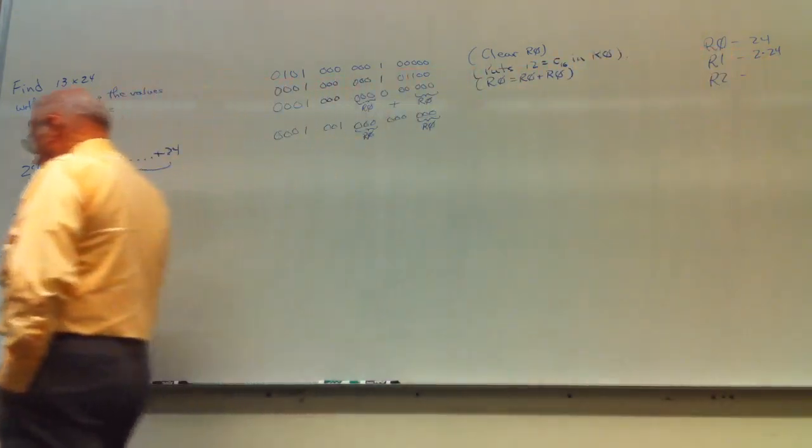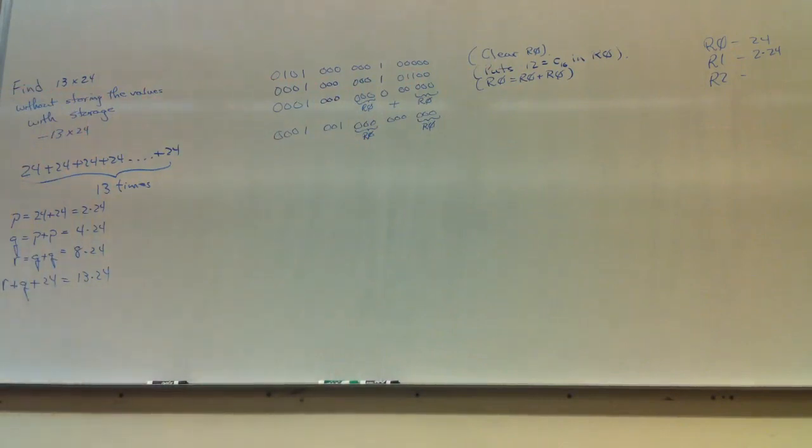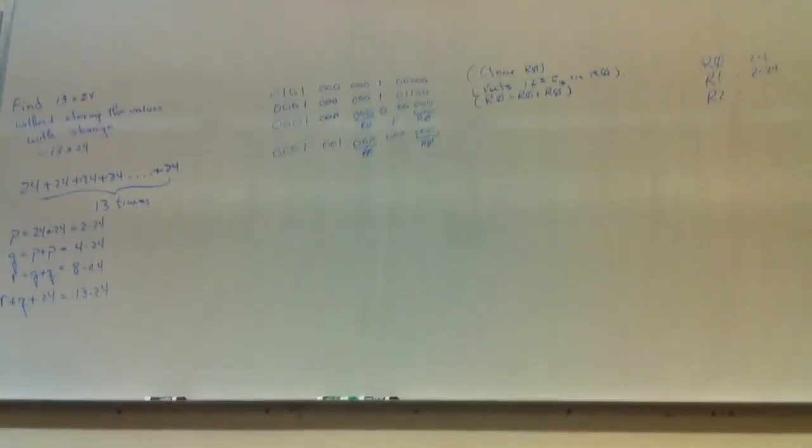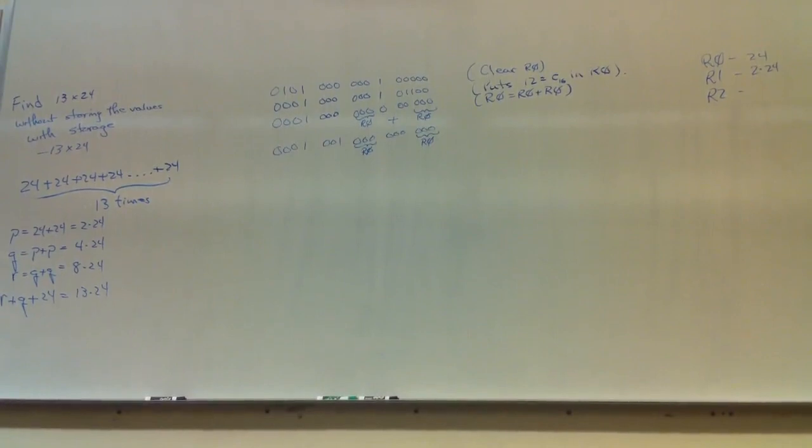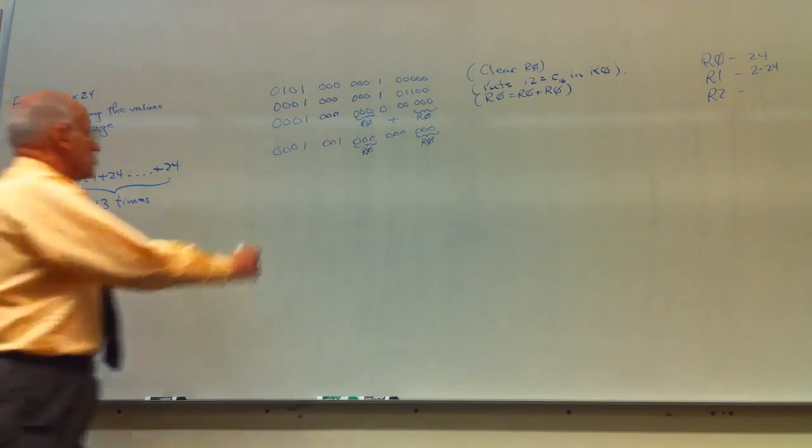Now, as I finally found my 13 times 24, I didn't need that one. I don't need 2 times 24, I need 8 and 4. Okay. I can do this.